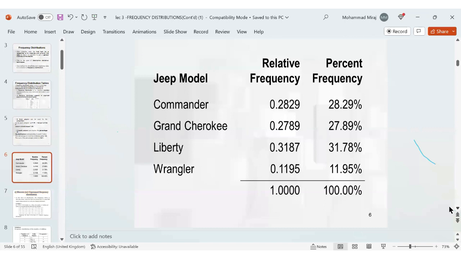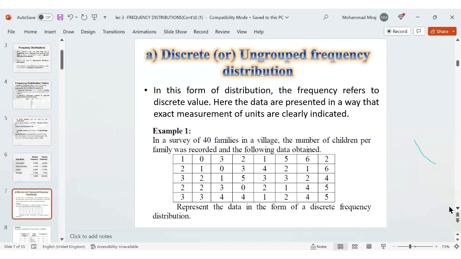Now, like I told you, we make up a table. There are 40 families in a village, and for every family we give the number 1, 2, 3, 4. Family number one has a child, family number two has zero children, and so on. So you make up a frequency distribution table, and in that table you put up how many children.